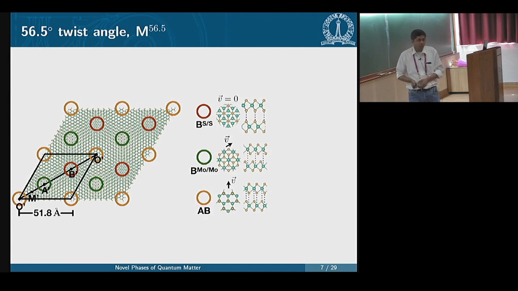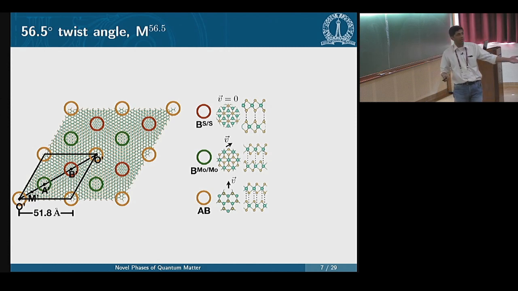Near 60 degrees, unlike in graphene, you actually have three distinct stackings, which are not the ones that you got near 0 degrees. You have the AB stacking, which is your regular bilayer and the most stable stacking. You have the Bernal moly on moly and Bernal sulfur on sulfur.